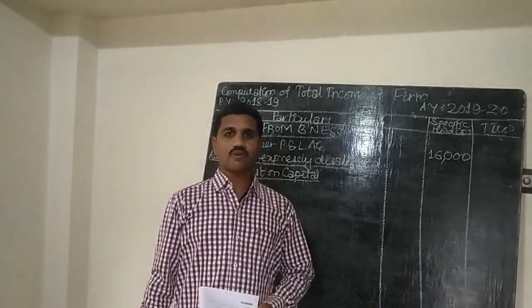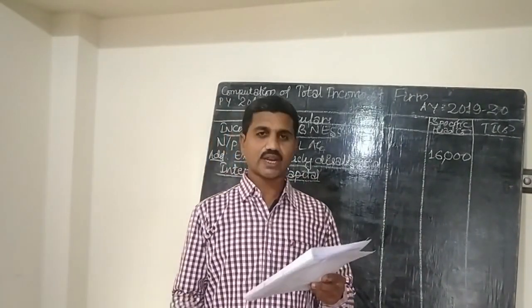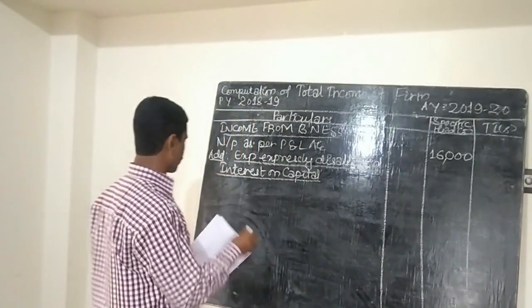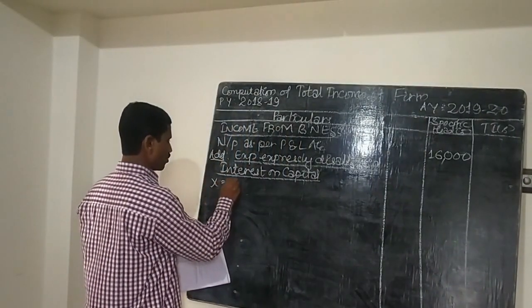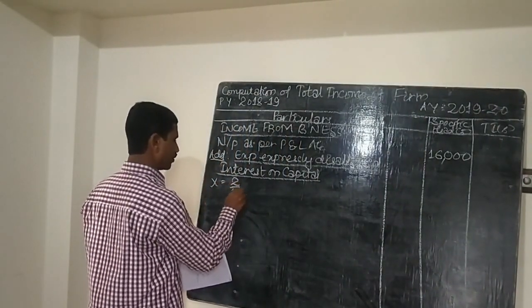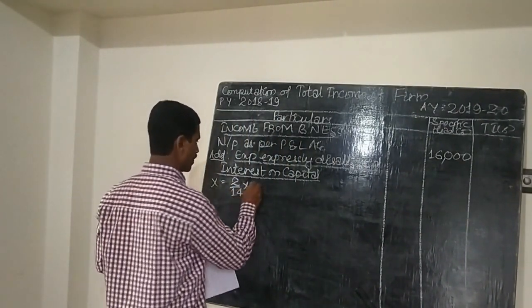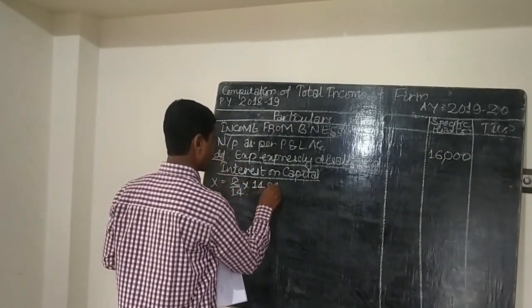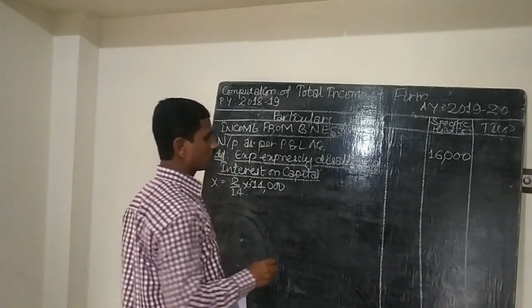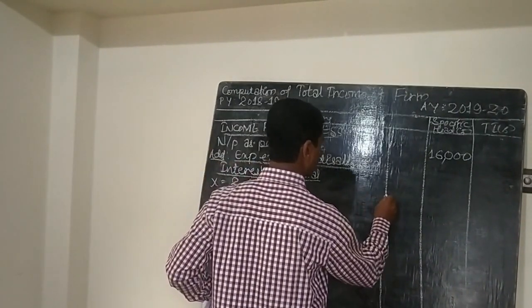As per the provisions, only 12% is allowable, whereas in the problem it is given as 14%. So for X, 2 by 14 into 14,000. So here it is 2,000.